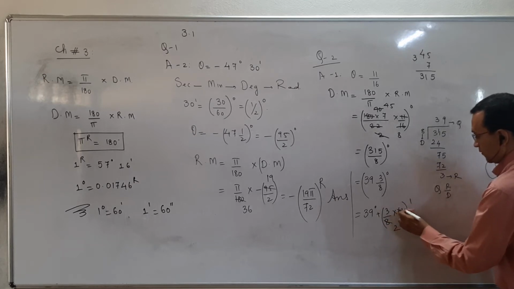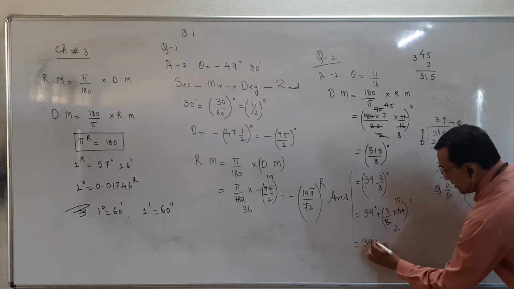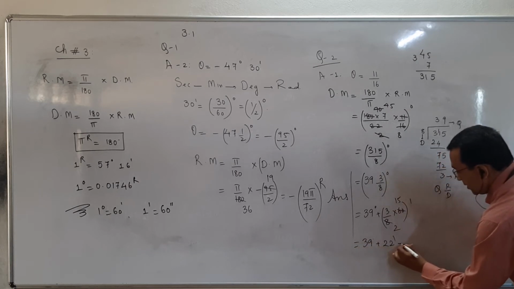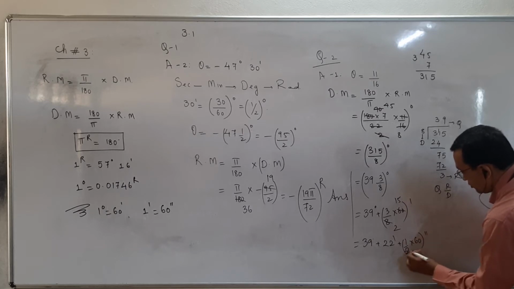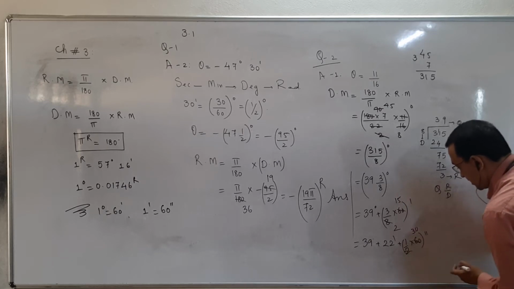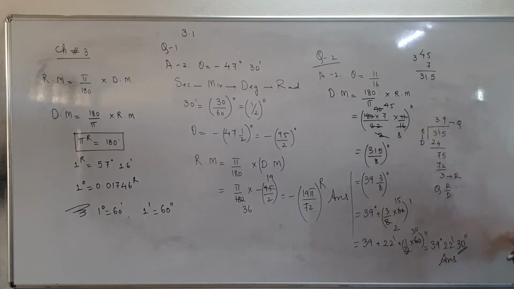4 2s are 4, 15s are 45 by 2. So 22 and a half. I am writing directly. So 22 minutes, and half a minute is this many seconds. 2 1s are 2, 2 30s are 60, so 30 seconds. Final answer is 39 degree, 22 minutes and 30 seconds.